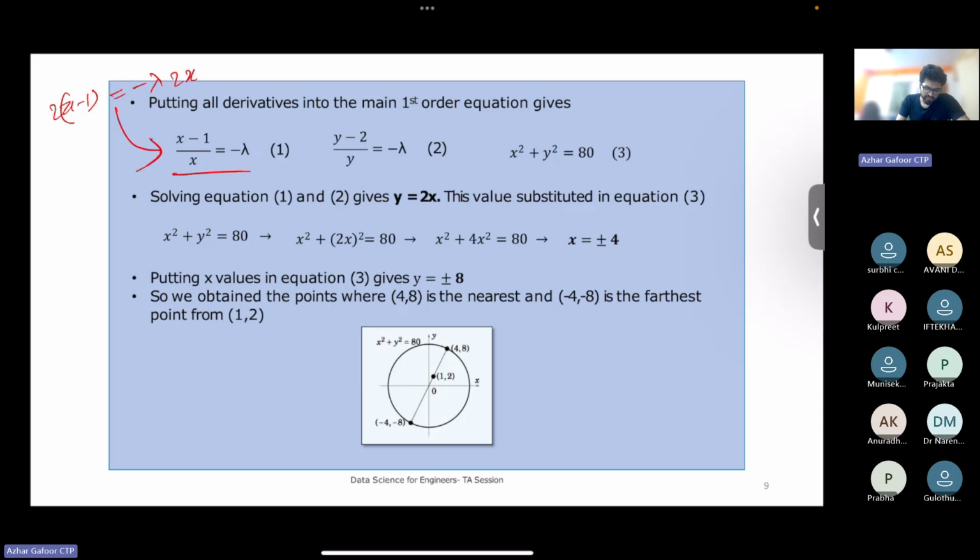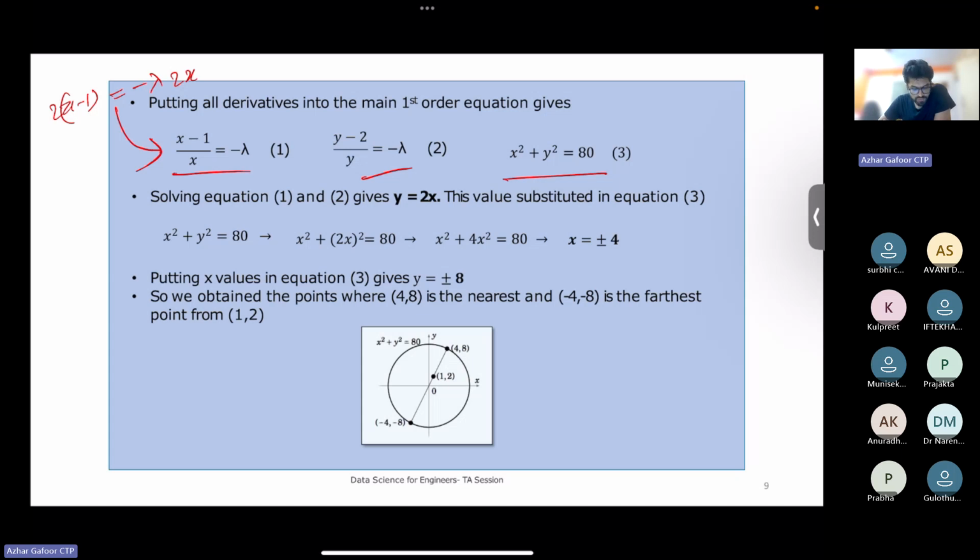On rearranging we get x minus 1 by x is equal to minus lambda, and similarly on rearranging we get y minus 2 by y is equal to minus lambda. Now what we need to do is combine our three equations, that is the first equation, second equation, and the constraint equation to solve for x and y.